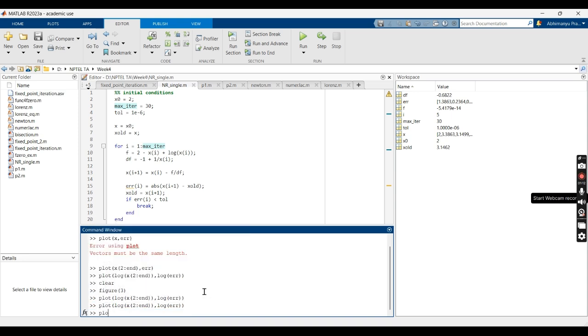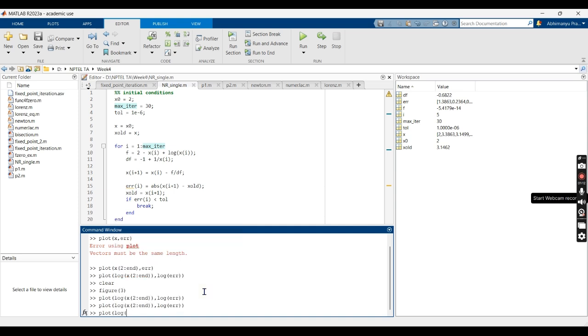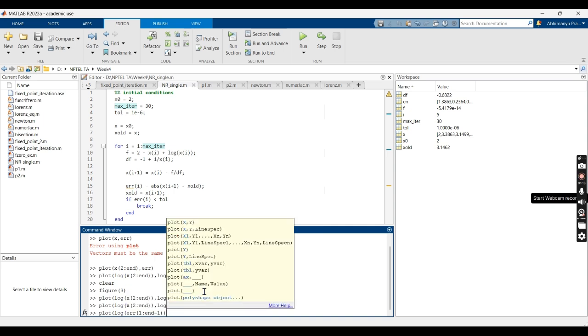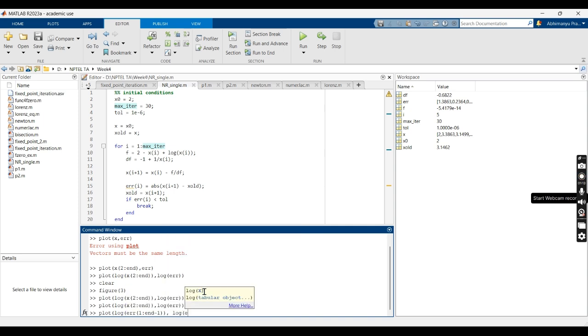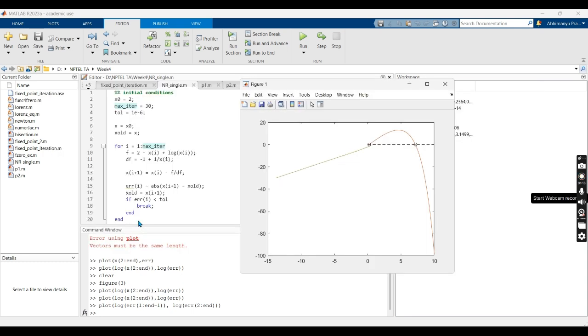Plot of log of error 1, 2. Okay, sorry, I plotted it on figure one only.